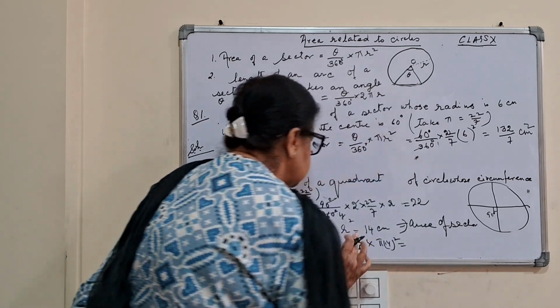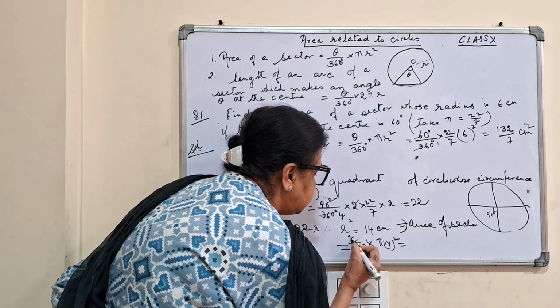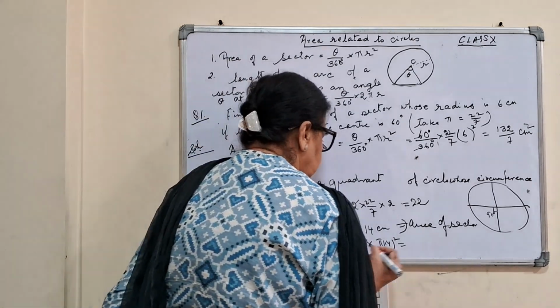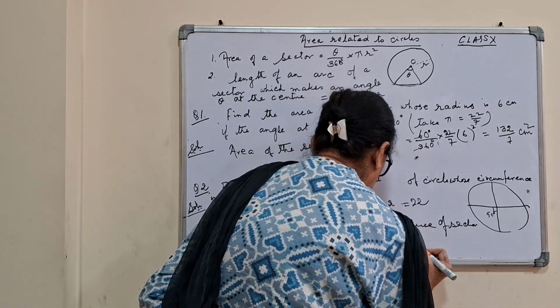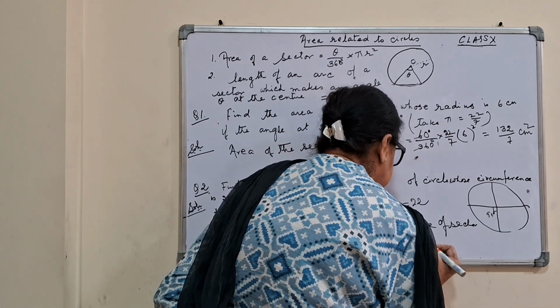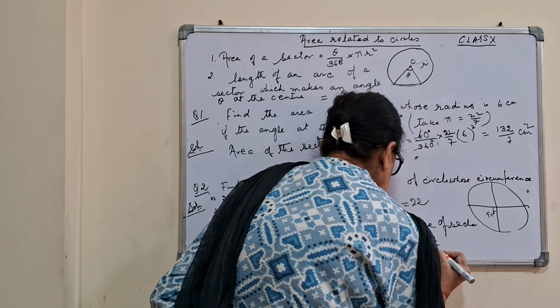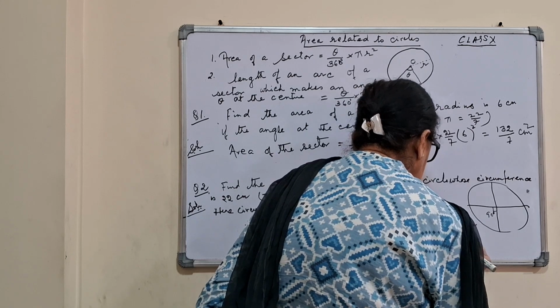That is equal to, this is theta, this is 90, then 90, so 1 by 4. 1 by 4 into 22 by 7 into 14 into 14.